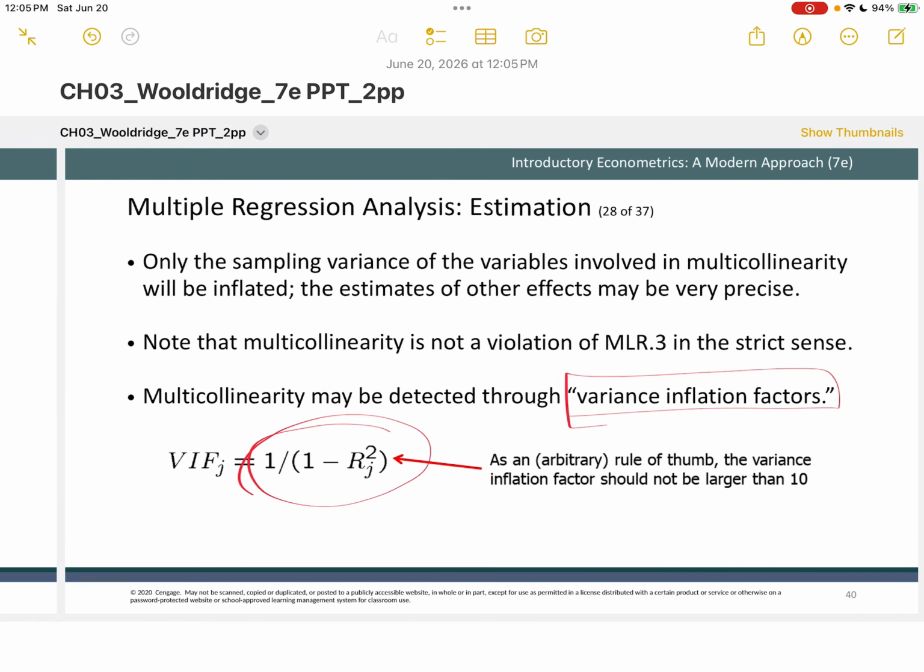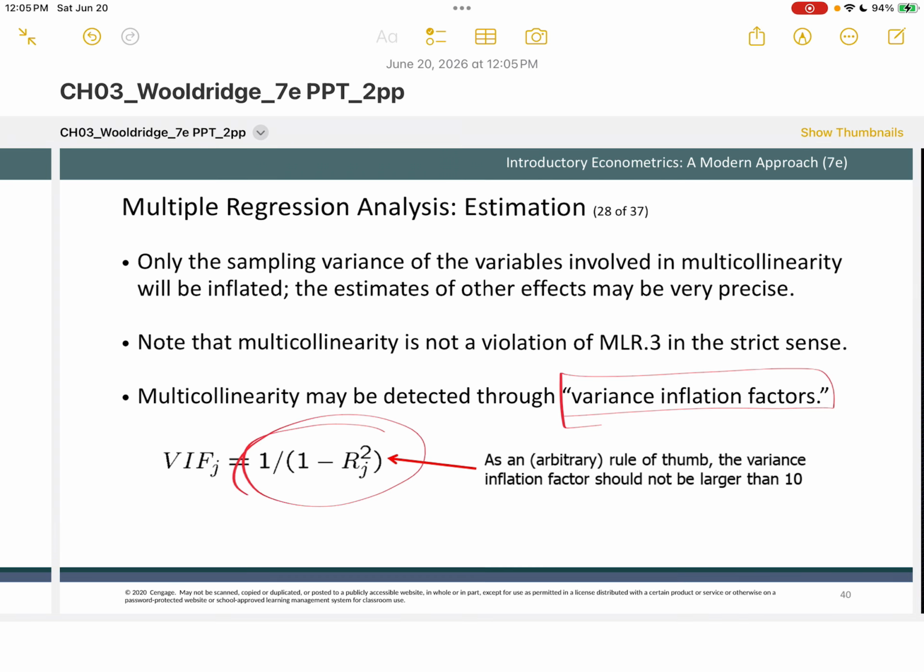So anyway, if your variance inflation factor was greater than or equal to 10, then you had a multicollinearity problem for sure. Again, multicollinearity is not a strict violation of the third multiple linear regression assumption.